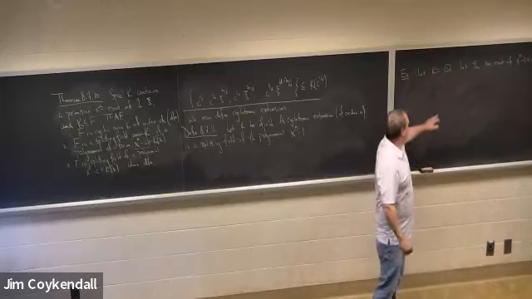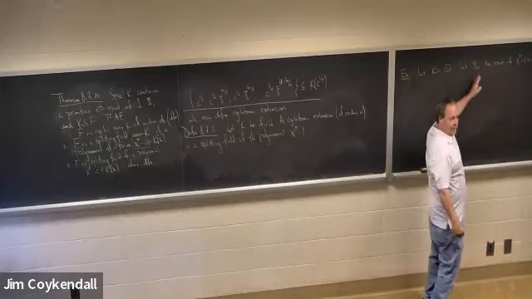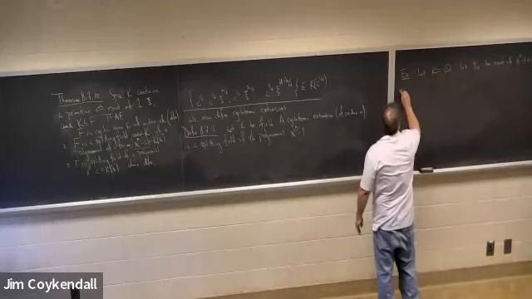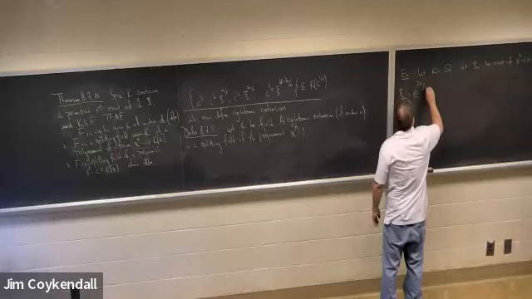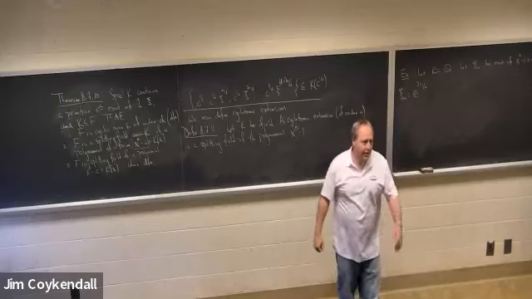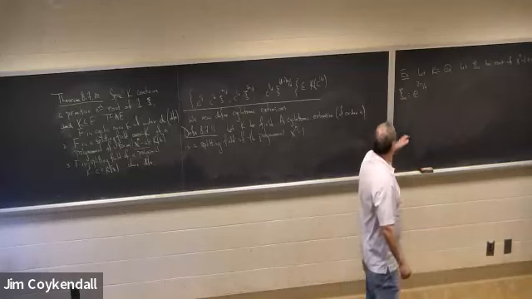Okay, so I'm going to use this. This is sort of the primitive nth root, right? So another way to think of this, if you're a fan of complex variables, you can think of it this way.